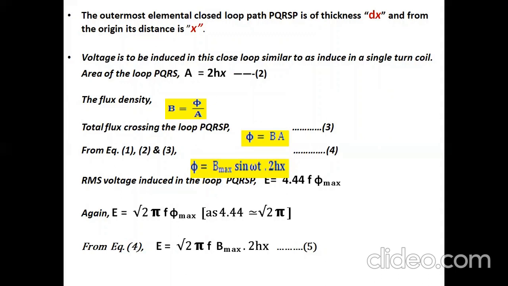Again, E equals root 2 pi F phi max, as 4.44 is equivalent to root 2 pi. From equation 4, E equals root 2 pi F B max into 2hx.